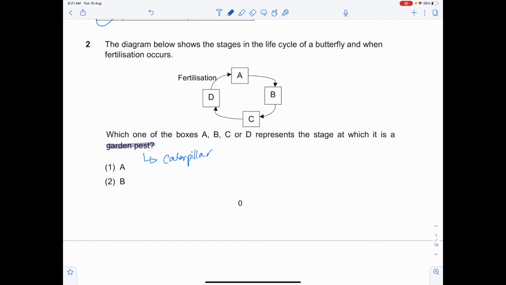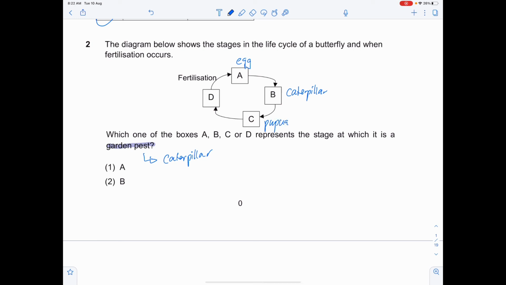So looking at it, let's take a look. Now, it is stated over here that fertilization has occurred. So we have to think about it in the sense that when fertilization has occurred, what we get after that is an egg. So this is the egg stage. And then from the egg stage, it will hatch, and that's where we get our caterpillar. And then you have our C, which is actually your pupa. Sorry, just 1 second.